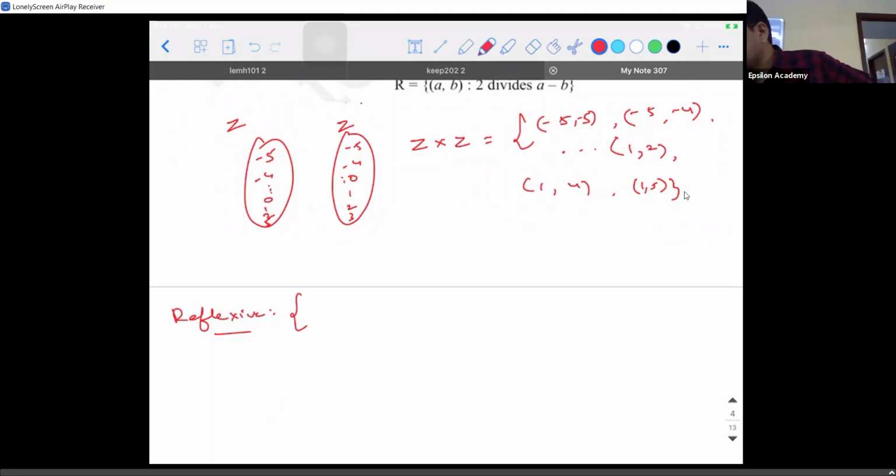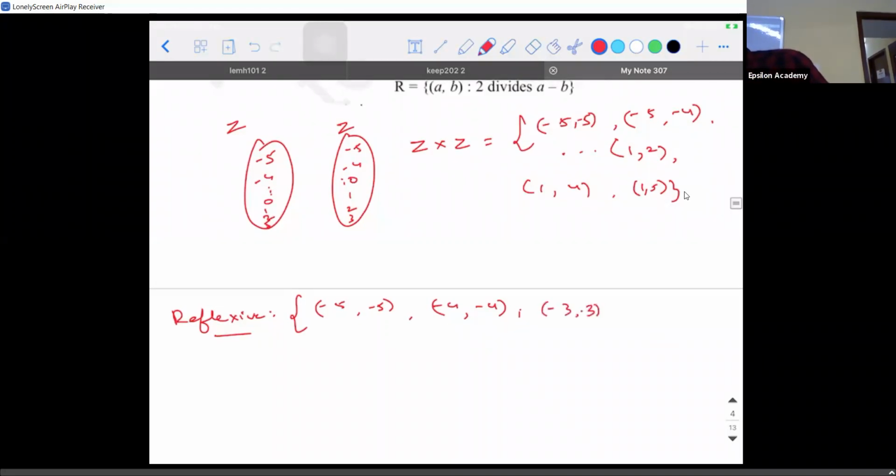So I can write (minus 5, minus 5), and similarly any integer x with the same integer x as input and output, such that the difference between them is always 0, which is divisible by 2. (Minus 4, minus 4), (minus 3, minus 3), so on, (4, 4), (5, 5). Do you have all the elements which have the same input and the same output?